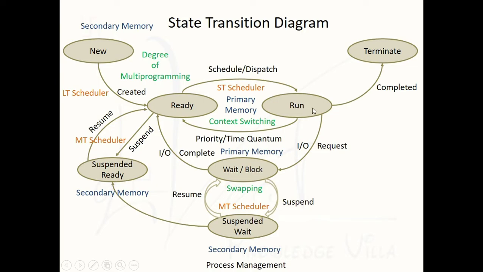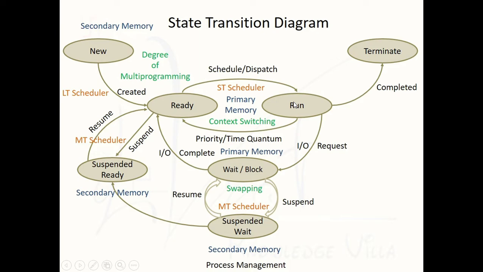Or, the process already in the running state, due to a higher priority process arriving or due to completion of its time quantum, goes from run state to ready state, so then another process can start its execution.